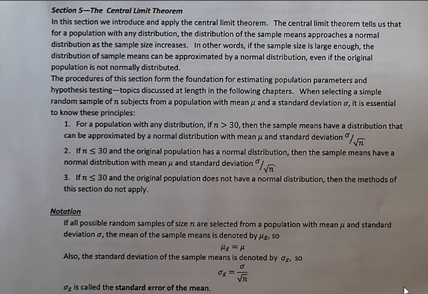If the n is less than or equal to 30 and the original population is not normal, then we cannot calculate the probability. So that's where we've got to be careful: less than 30 and skewed, which is not normal, then the central limit theorem does not apply. Okay, so they give some notation. I'm not so concerned about that.